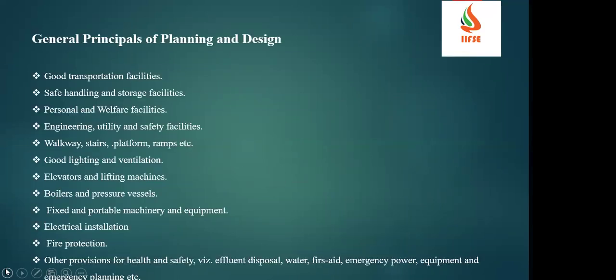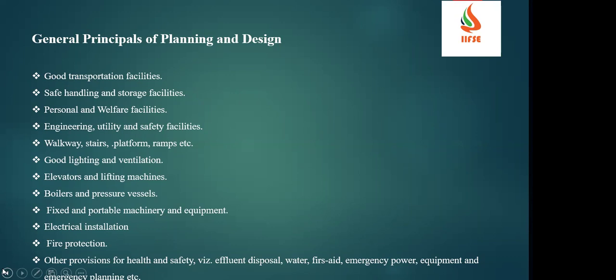We discussed what principles are to be considered while planning and designing any facility. One is a good transportation facility: how material or people can be transported or shifted from one place to another. Then safe handling and storage facilities with respect to raw materials, semi-finished or finished goods.